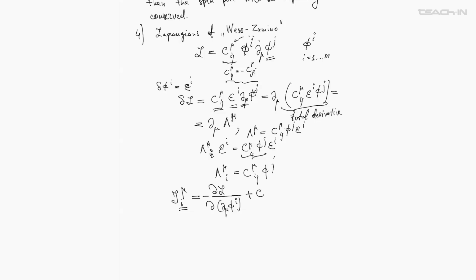If you now take our Lagrangian, differentiate it with respect to the derivative and plug it in, you will get minus C ji mu phi j plus Cij mu phi I. You will find that this is simply twice Cij mu phi j. This is index j here.